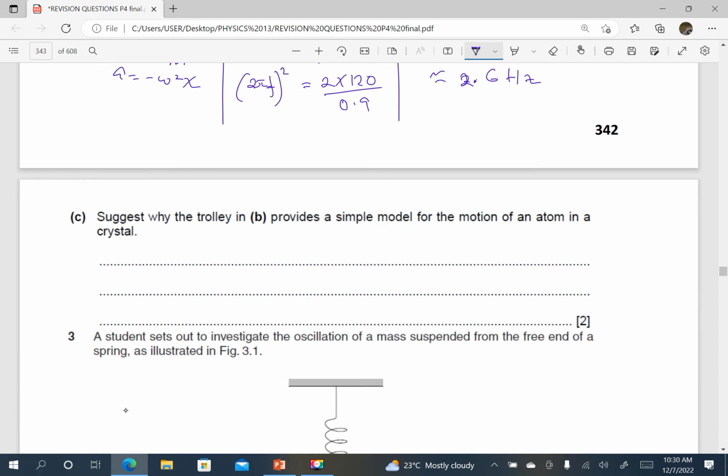Suggest why the trolley in B provides a simple model for the motion of an atom in a crystal. Why does it provide a simple model? So first of all, we know from AS particle physics that atoms are held by attractive forces, and in solids, they don't move, they simply vibrate about their equilibrium position.